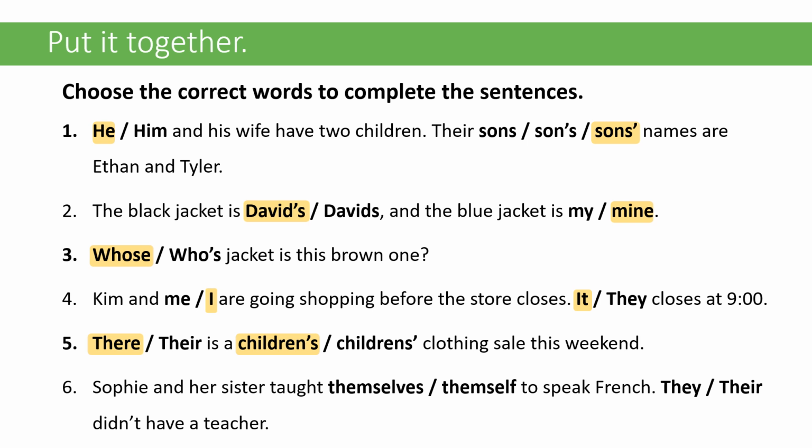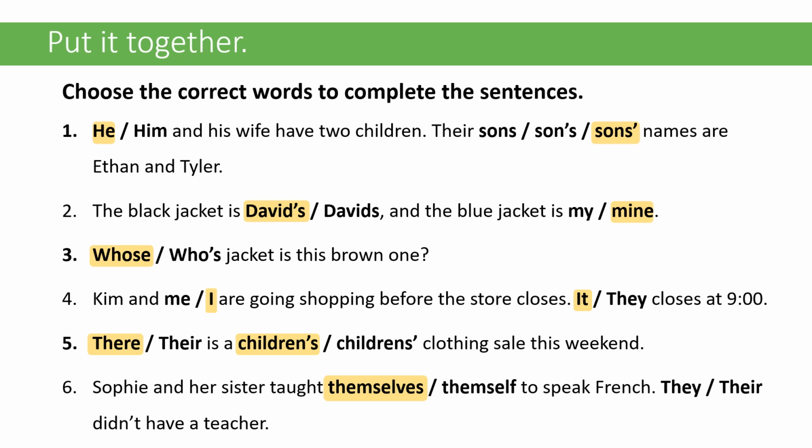Sophie and her sister taught themselves or theirselves to speak French. This one should be themselves. Warning here, this is a mistake that a lot of people make, because a lot of people will say the word theirselves. However, if you ever type that in, it's always going to be underlined as incorrect, because theirselves doesn't exist.